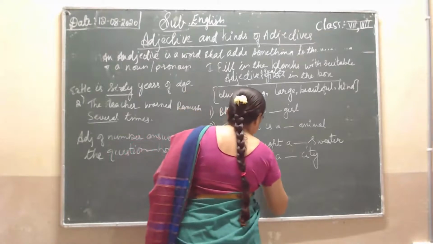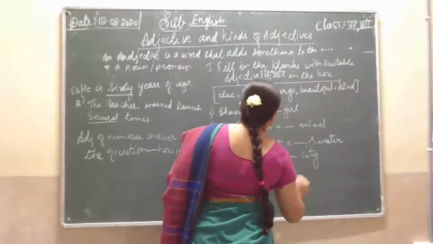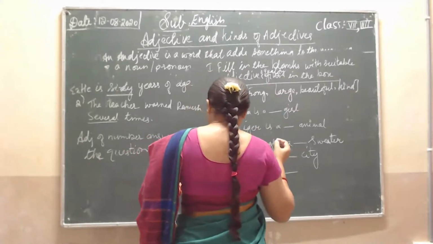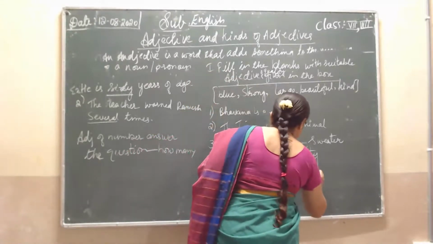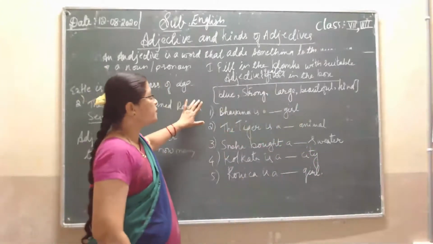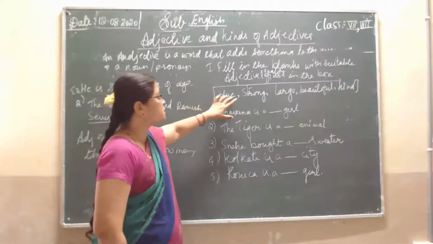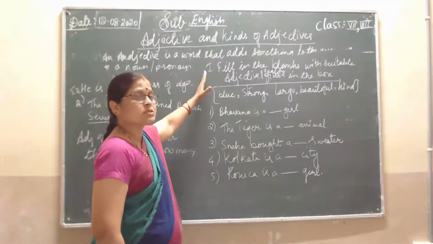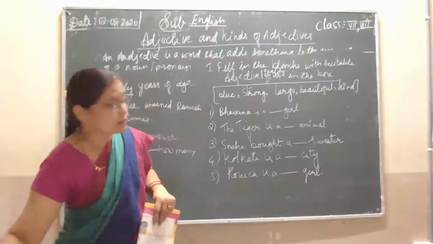Konika is a dash girl. So these are all the adjectives of quality. Fill these adjectives in these blanks here. This is the first main. Now note down the second main.